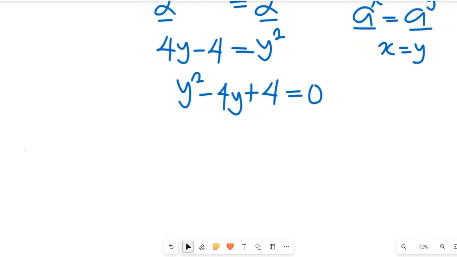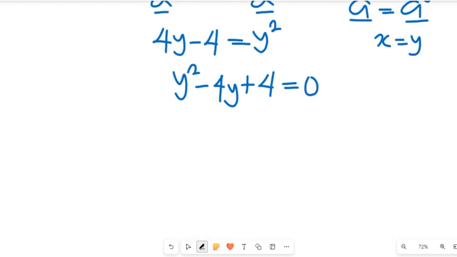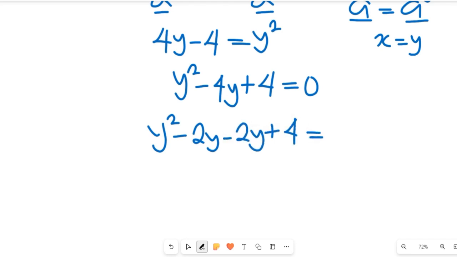And then if we solve that quadratic equation, we are going to have y squared minus 2y minus 2y plus 4 to be equal to 0. So if we simplify this, we're going to have y common here, which is y. This divided by this will give us negative 2, right?